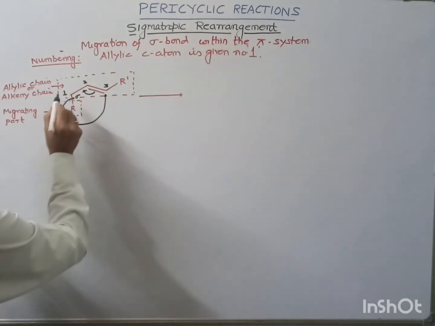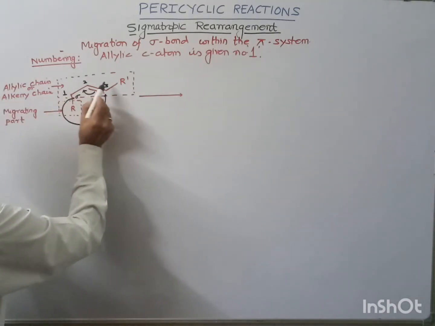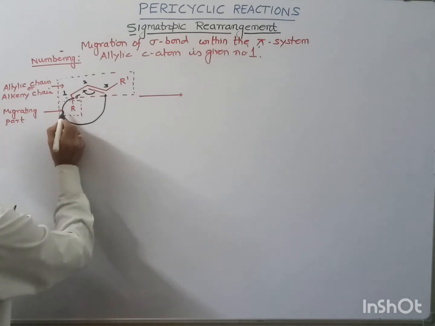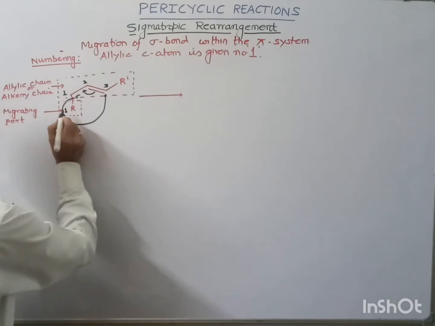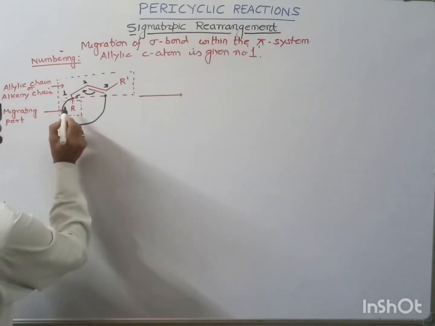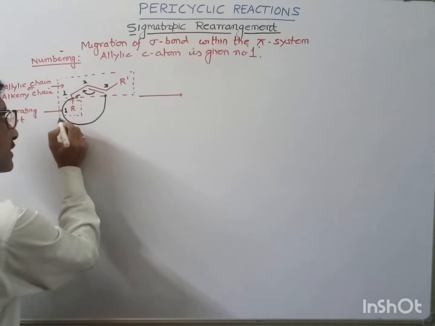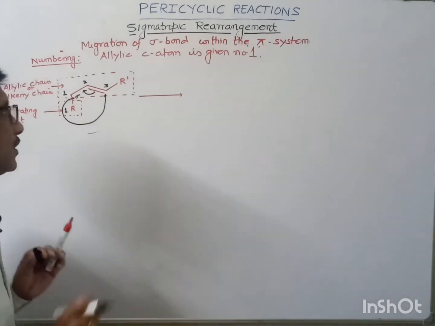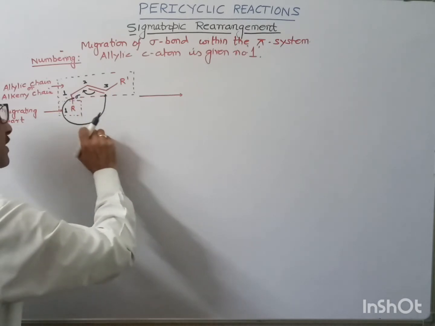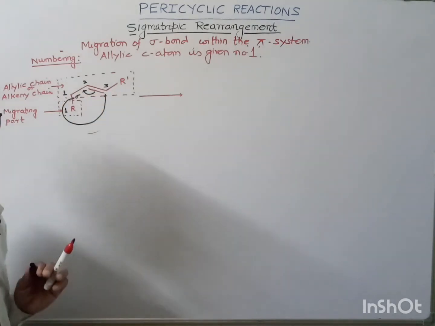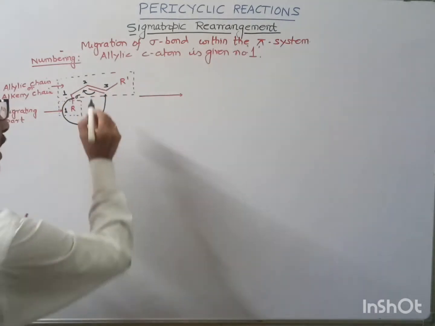So what I have given is numbering 1, 2, 3, and the migrating chain should also be numbered. Either I may give the number 1, or it may be given 1 dash like this. So this 1 dash, or 1, migrates to the third position, or the migrating part migrates to this unsaturated carbon atom.